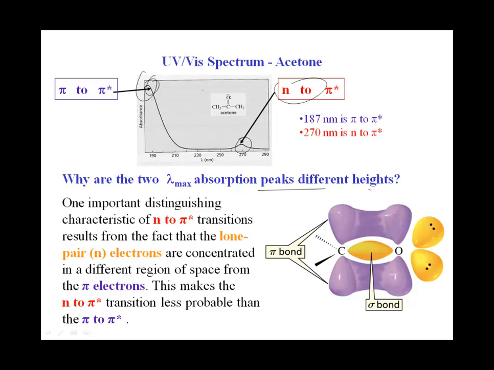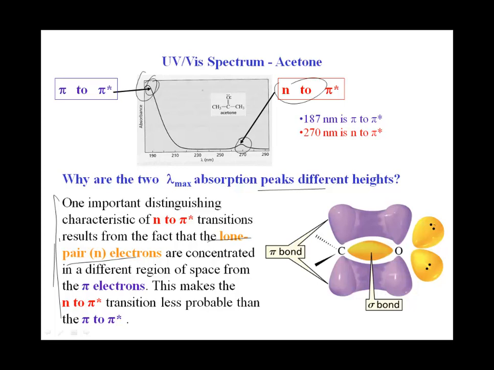And what you've got to work out is why this is. Because this is also a very good way of identifying bands if you've got more complex molecules, as there's clearly a difference between n to pi star and pi to pi star. The reason for this is that in n to pi star transitions you have lone pair electrons, and these are usually concentrated in a different region.